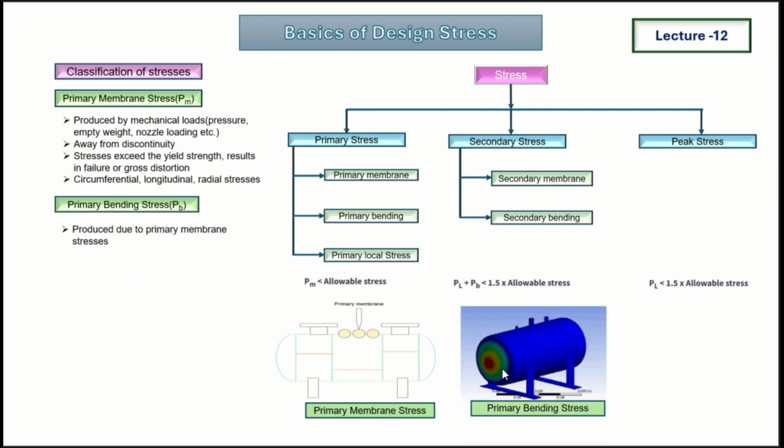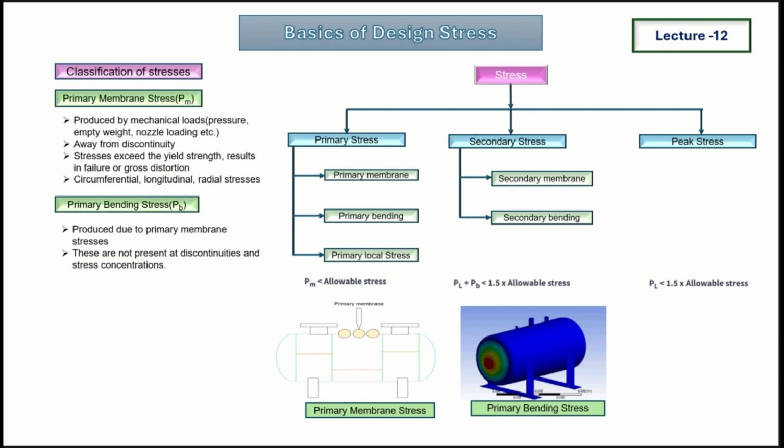So if we consider this is the head, a conical head, at the center of the head we will generally observe bending stresses because of loads like support loads, lifting leg loads, and nozzle loads, which act at some distance from the center of gravity. Due to loads acting at a distance from the center of gravity, we will face these primary bending stresses. So these are not present at discontinuities and stress concentration areas. Stress concentration areas means holes, notches like that.